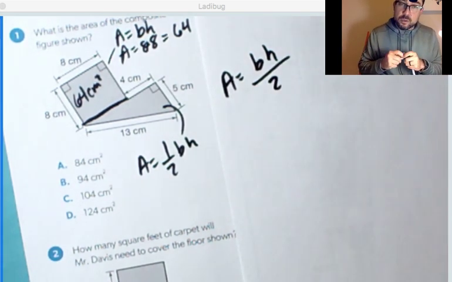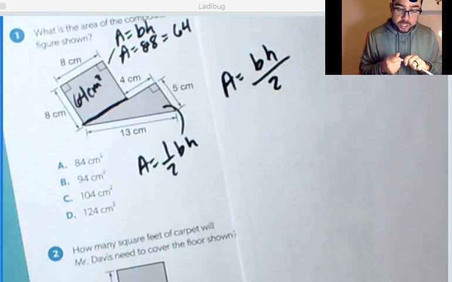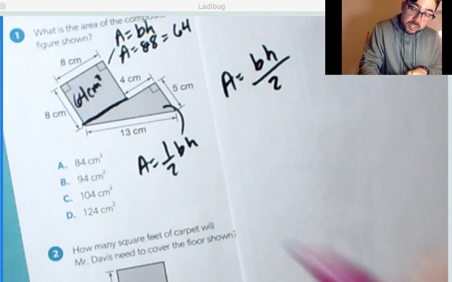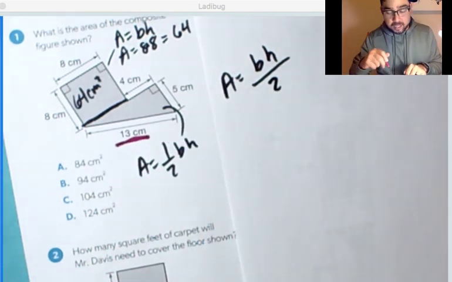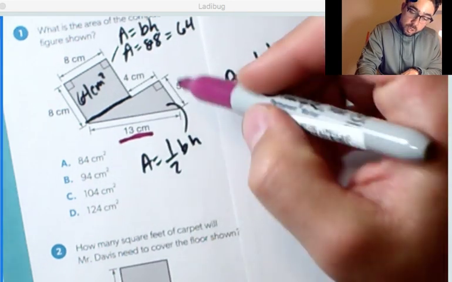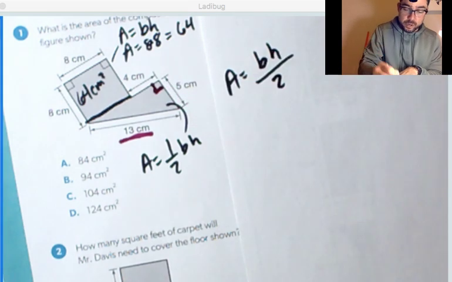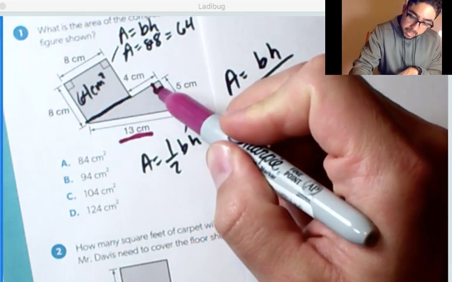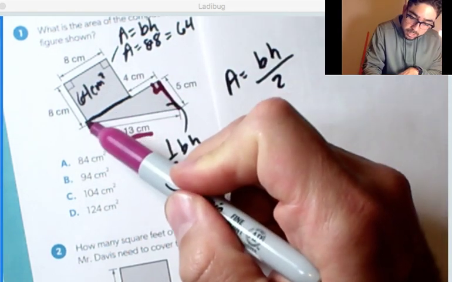Whichever works easiest for you, use that one. Don't confuse yourself. How do we know which are the base or which are the height? They put this 13 here to trick you because they're assuming that you're not going to understand what the base and the height are. We always know the base and the height because they're connected by the right angle, right? This right angle connects the base. This is our base right here, and then our height on the other side.